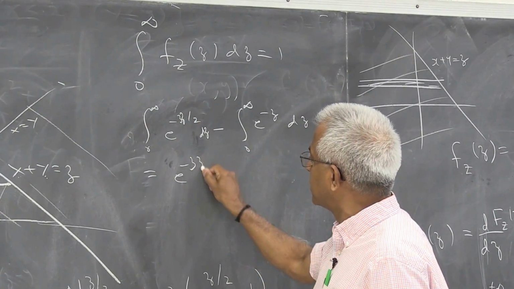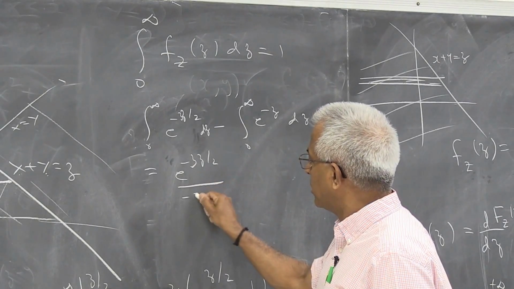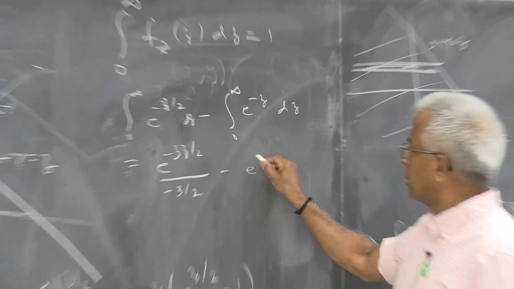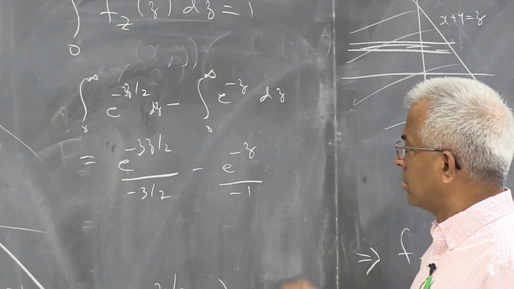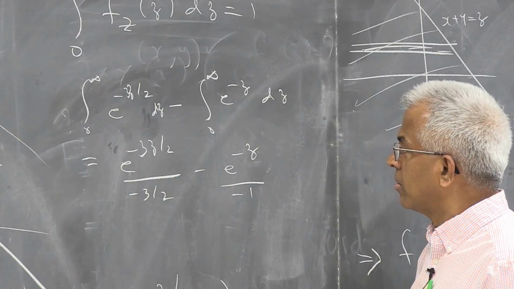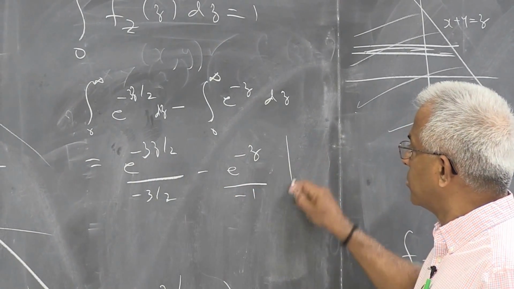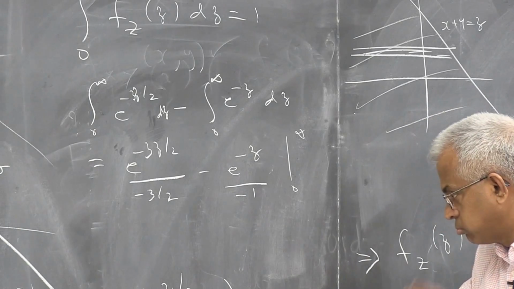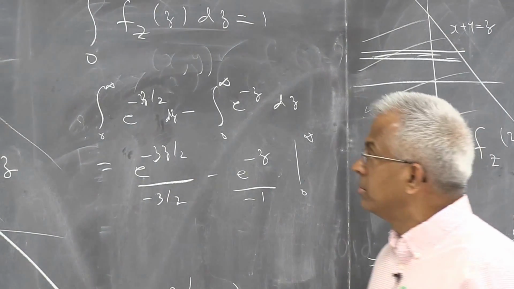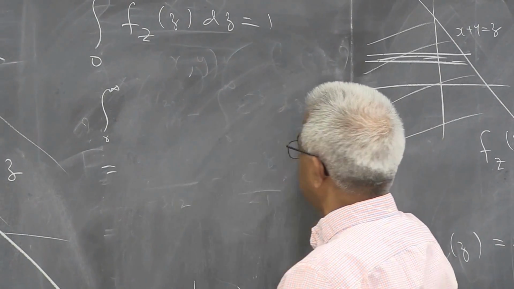E raised to minus 3z by 2. Tell me what are the terms here?